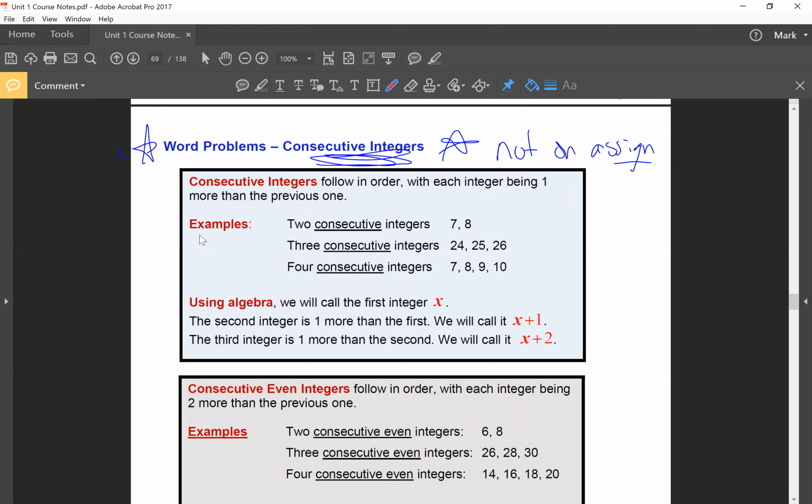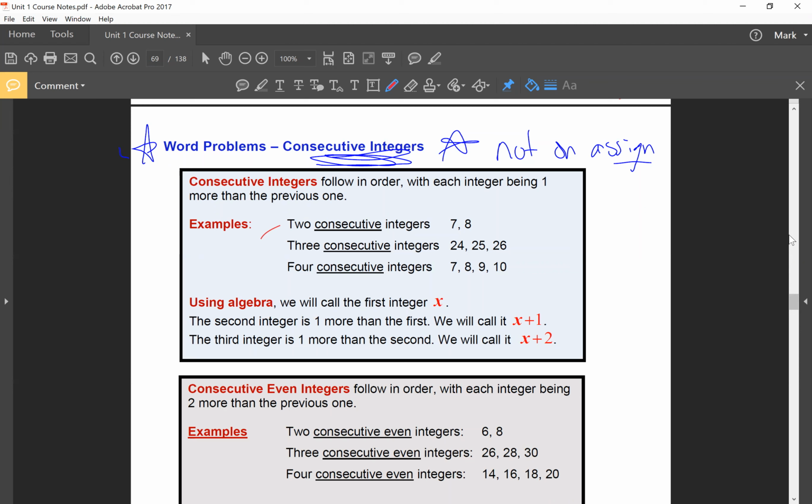So consecutive integers, the easiest ones, 1, 2, 3. Right? They are consecutive numbers. They follow each other. Some examples here, 2 consecutive integers: 7, 8. It could be 100, 101. It could be 60, 61.